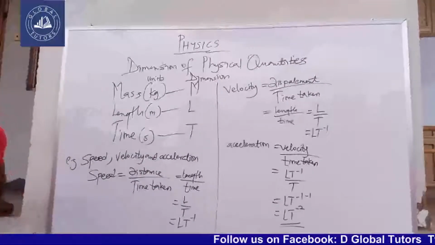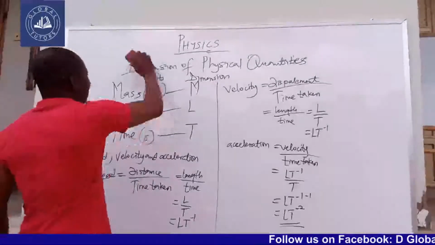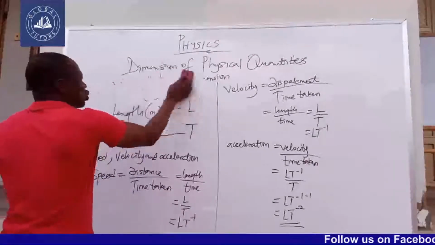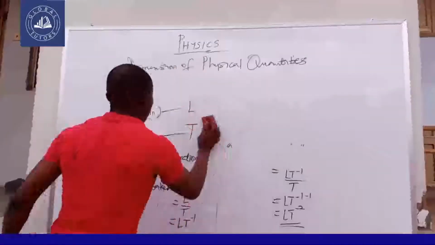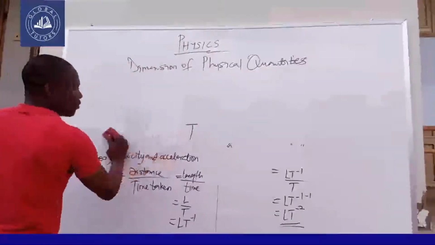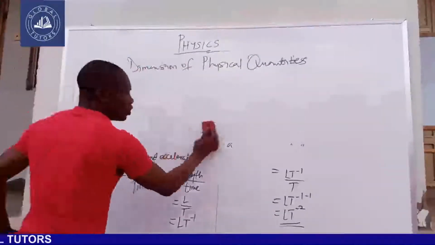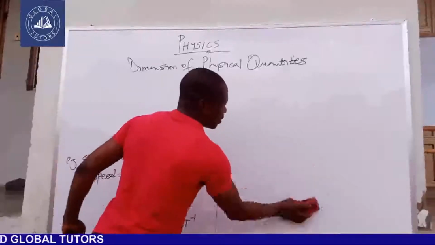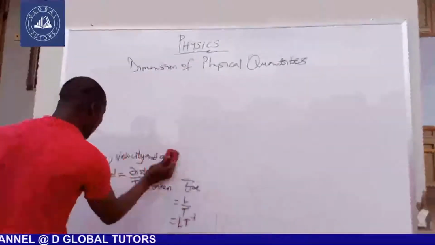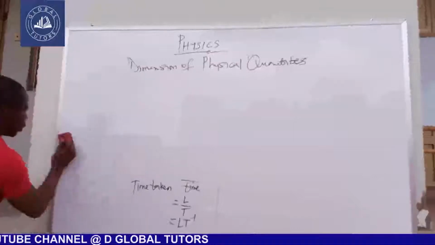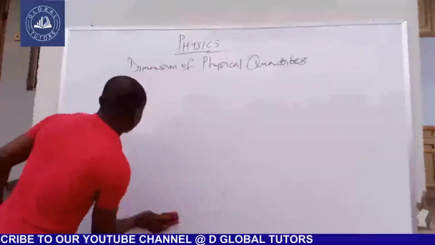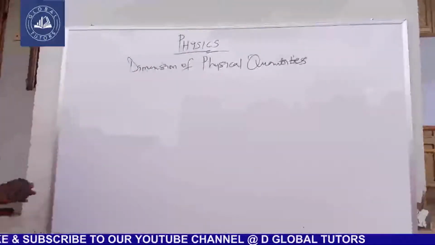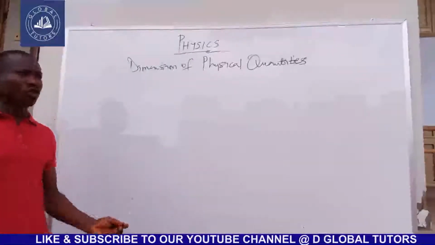Then I said the other time that we can use dimensional analysis to know if a given equation is correct or not. Now we want to confirm that. For instance, we know the equations of motion.